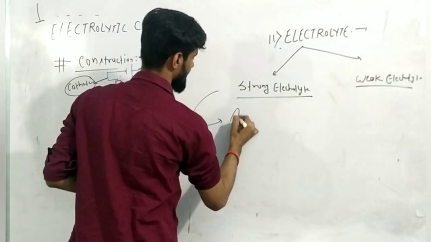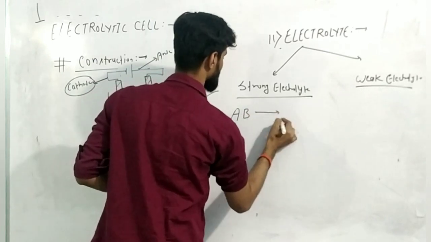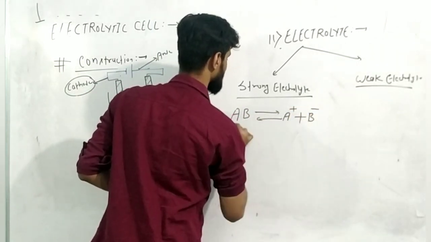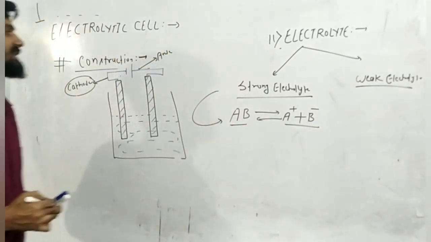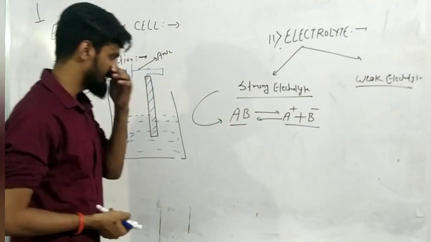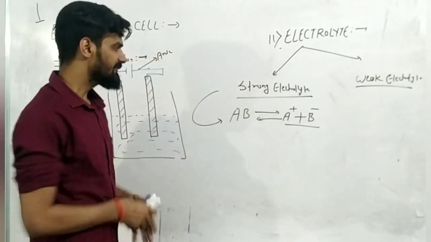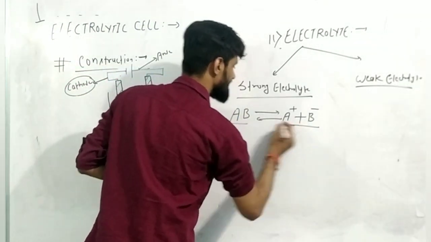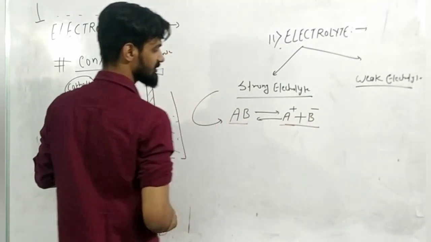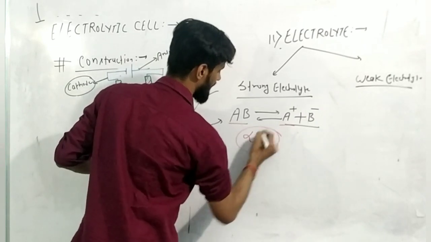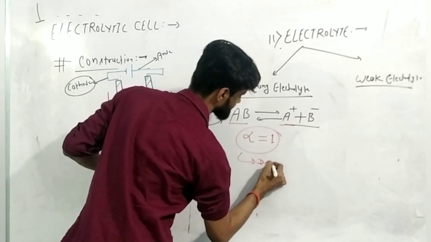Just assume AB is an electrolyte and it is getting dissociated into A plus and B minus when electricity is passed through it in the aqueous solution. Okay, so if it dissociates fully, then for this one alpha is equal to 1, where alpha is the degree of dissociation.